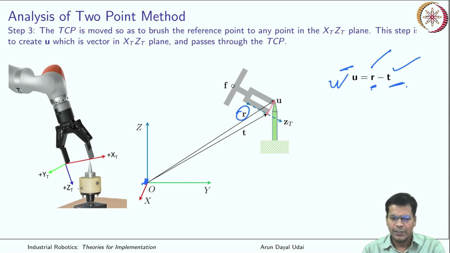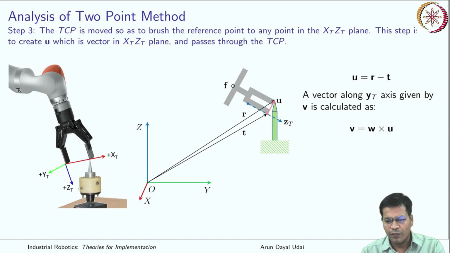So the vector along the tool Y axis is given by V, which is calculated as V is equal to W cross U. The U vector is in the ZX plane, and you already have the Z vector.